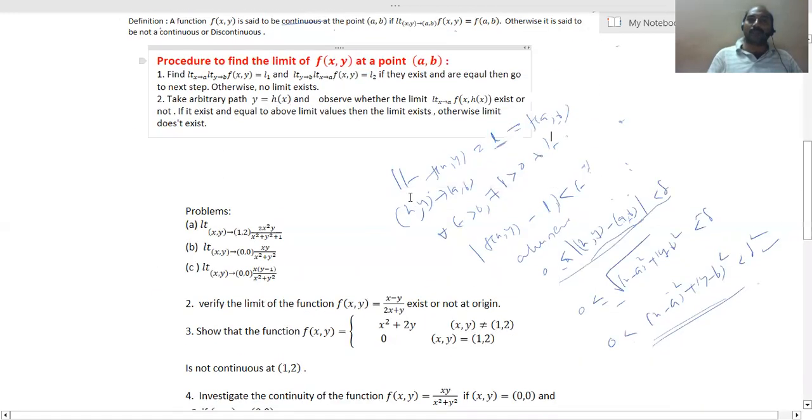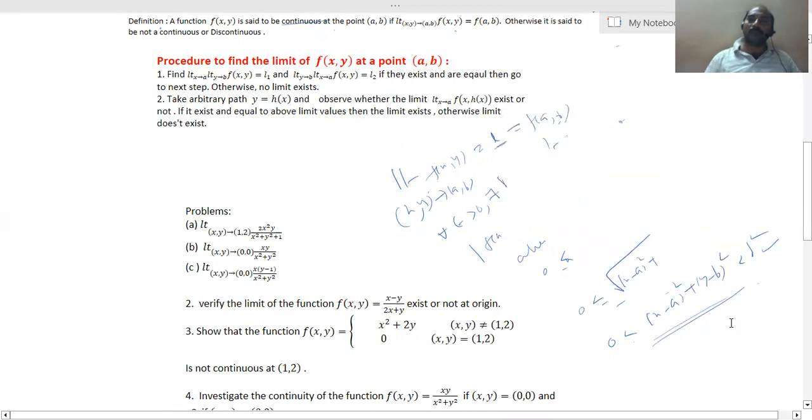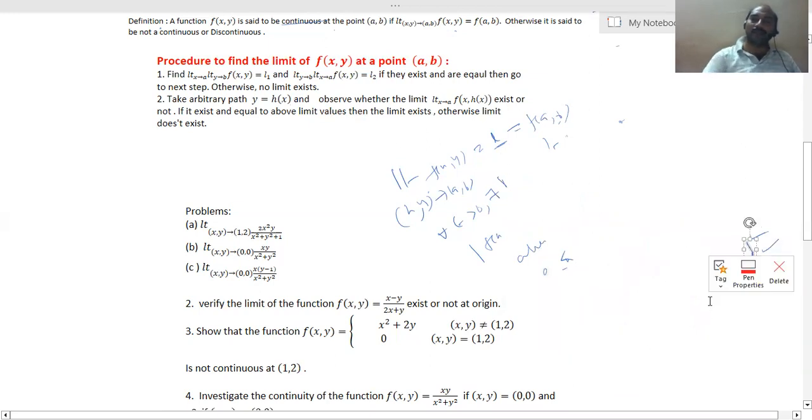Today we are going to discuss limit and continuity and their related problems. It is a very easy topic, and everybody must learn the problems based on this.